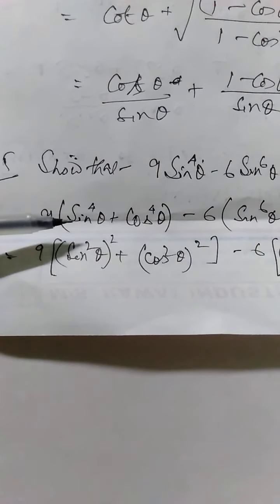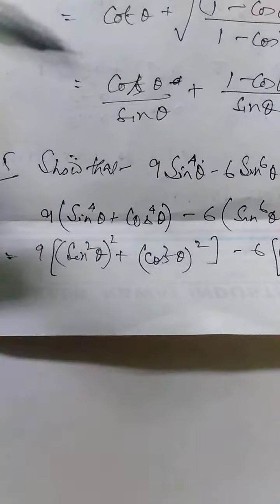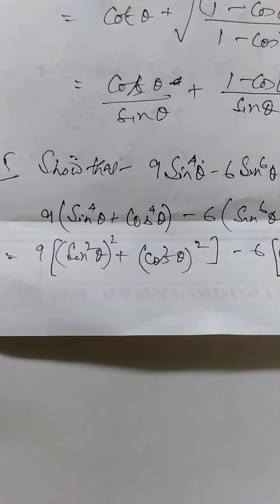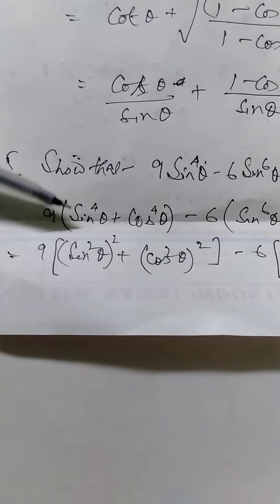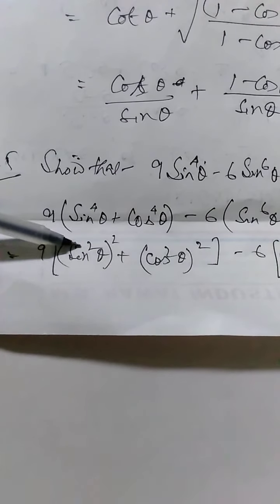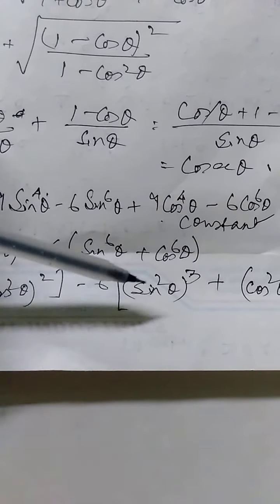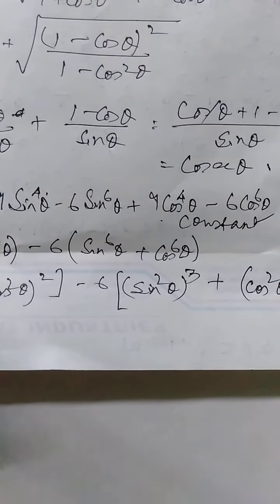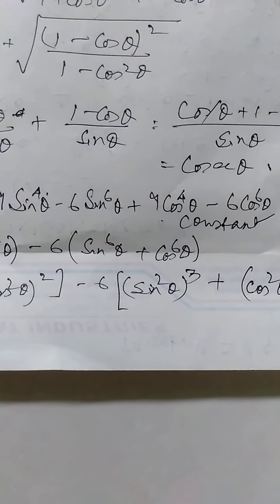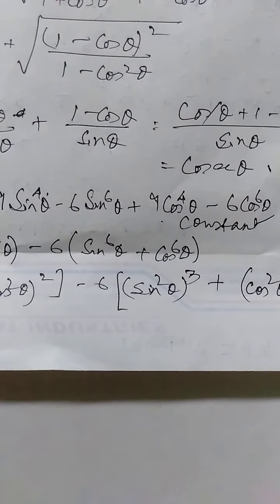Now LHS, this is a constant. So here we are converting it into squares: sin square theta whole square plus cos square theta whole square. And the 6th power terms we are writing as sin square theta whole cube plus cos square theta whole cube. Okay. So what we are getting? Let's see.